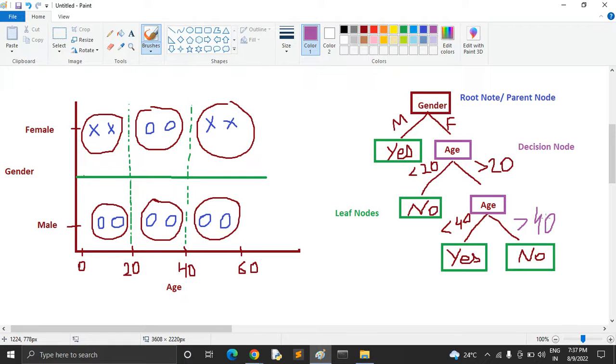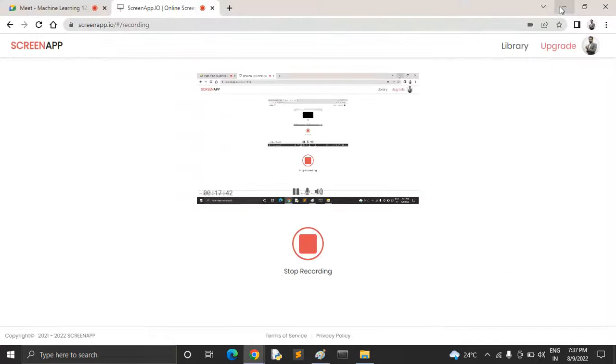So we can make this tree diagram using if else also. So a decision tree is a combination of if and else, or nested if statements. Is that clear till here? Did you all understand how exactly a decision tree works, guys?